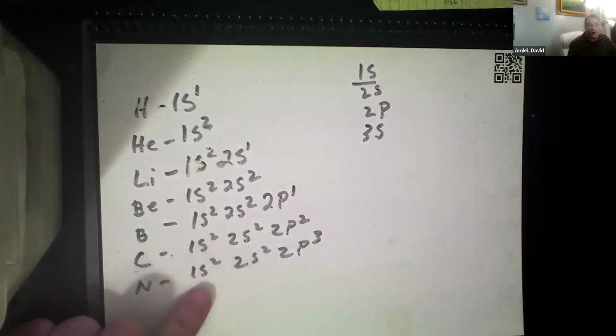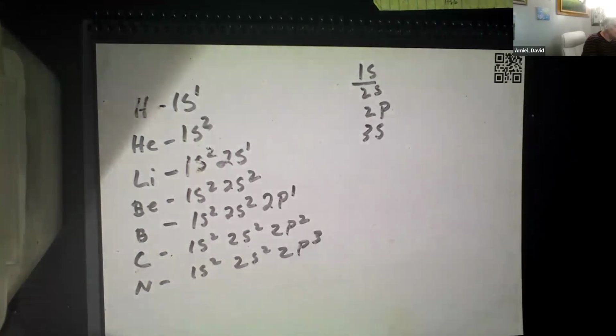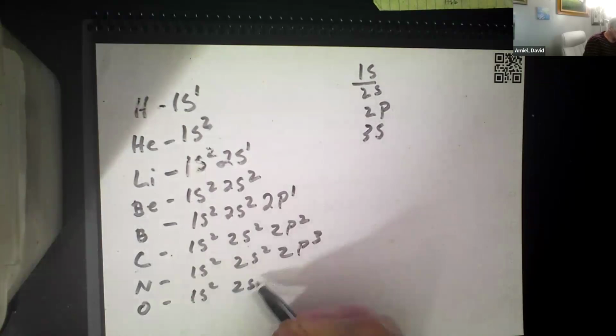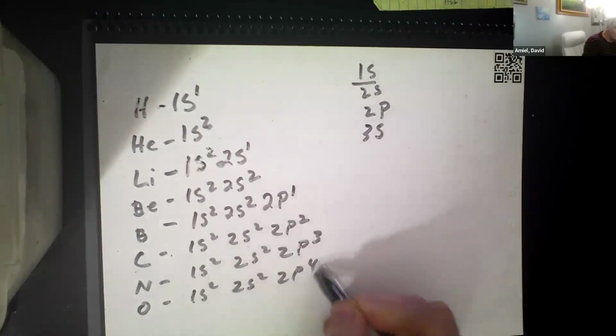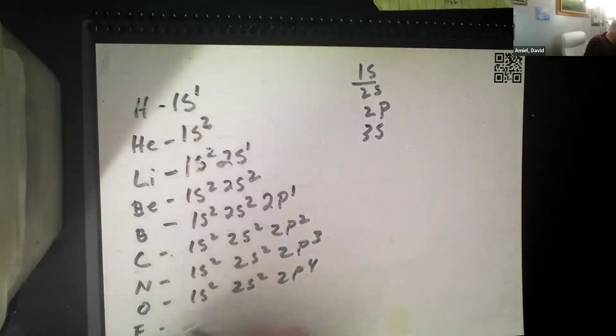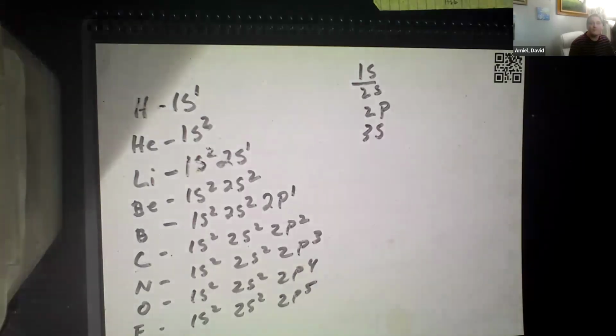The s orbital can only hold 2 electrons, but the p orbitals, because there are 3 of them, equal in energy, can hold 6. Oxygen, 1s2, 2s2, 2p4. Fluorine, 1s2, 2s2, 2p5.